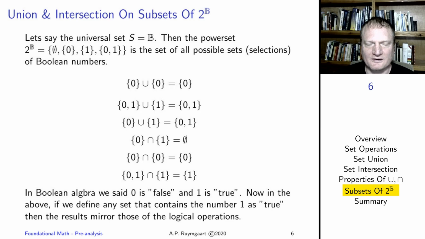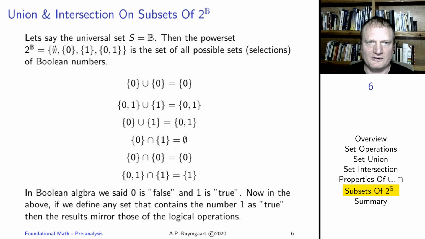Now let's look at an example that combines a number of the concepts that we talked about. Let's say the universal set is the Boolean domain. Then the power set of the Boolean domain is the set where the elements are the empty set, the set with just the number 0, the set with just the number 1, and the set that has the entire Boolean domain, the numbers 0 and 1. This power set is the set of all possible selections of Boolean numbers.